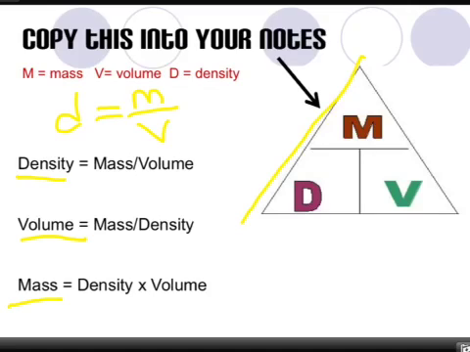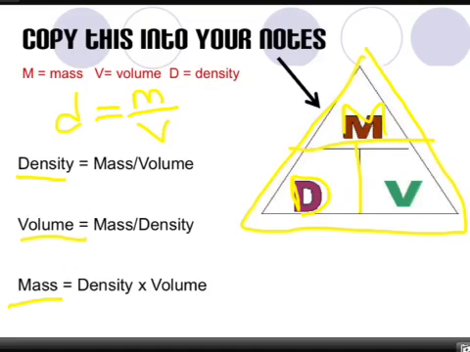Draw this triangle. This is our density triangle, and this will help you. If you memorize this, it will help you for the FCAT to be able to answer any question having to do with density. So it's D equals M over V. And the way you work it is, if they are asking, for instance, about density, it's mass divided by volume.